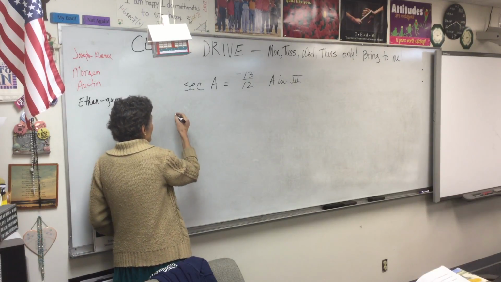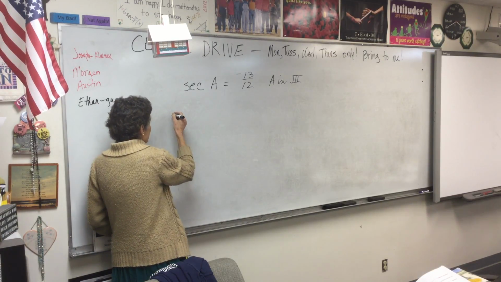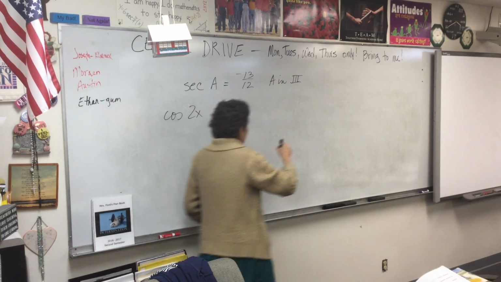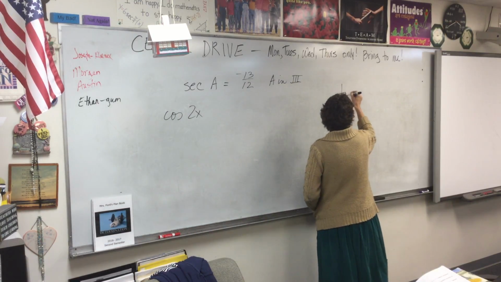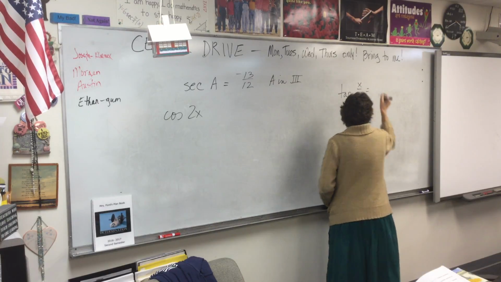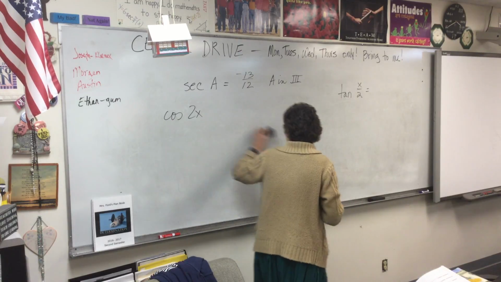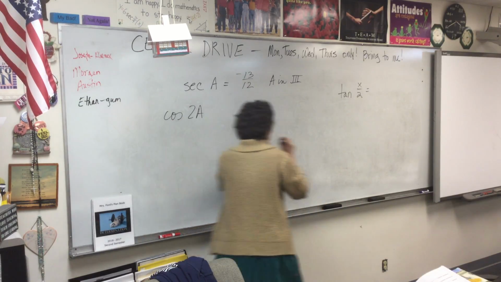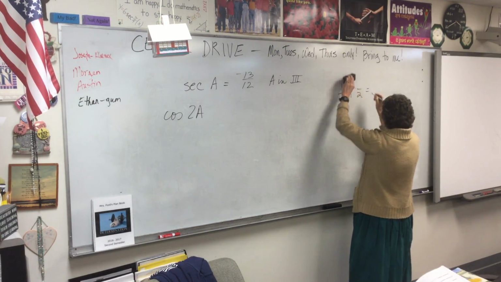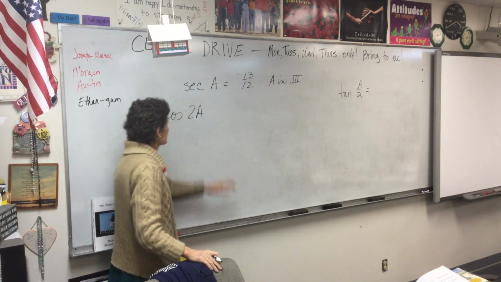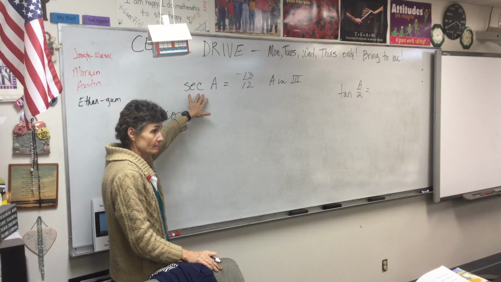We'll make this a 2-part question again. We want to find the cosine of 2A and the tangent of A over 2. All right, so there's our given.